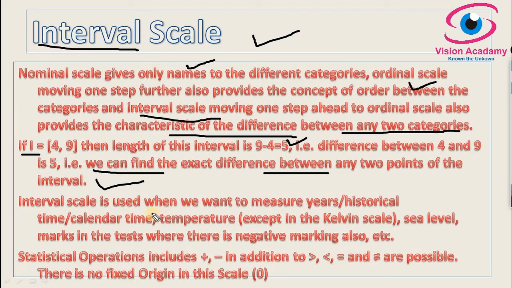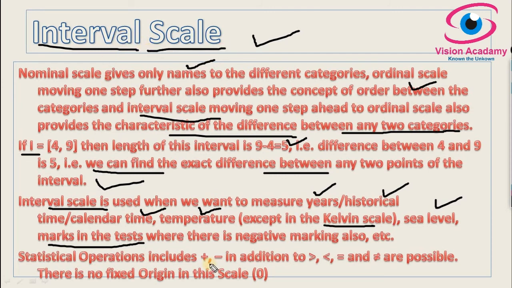Then where we use this interval scale is very important. If we want to measure years, historical time, calendar time, temperature except Kelvin, sea level, or marks in a test, in such cases we can use the interval scale. In the interval scale, statistical operations like plus, minus, greater than, lesser than, equal or not equal are possible.